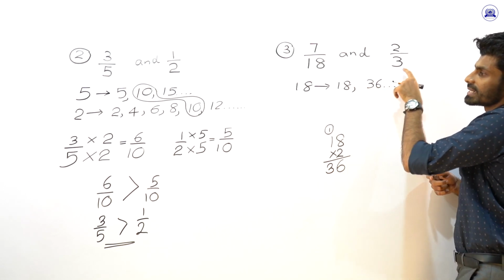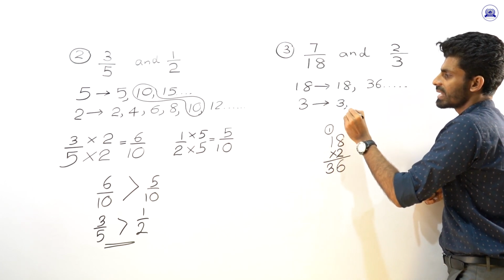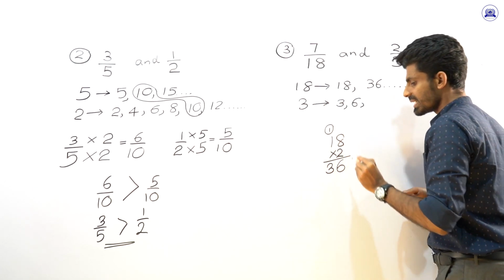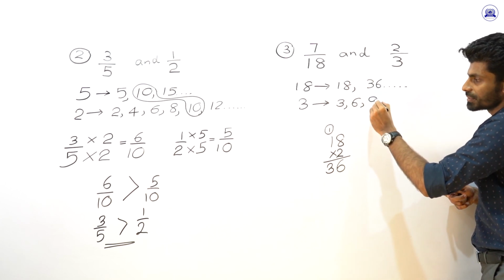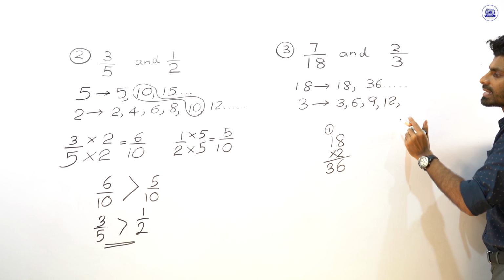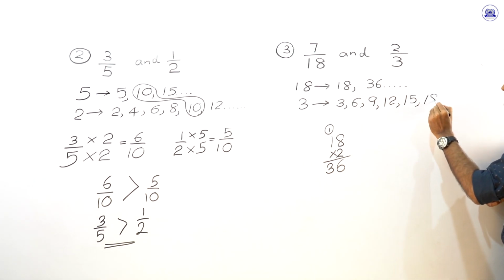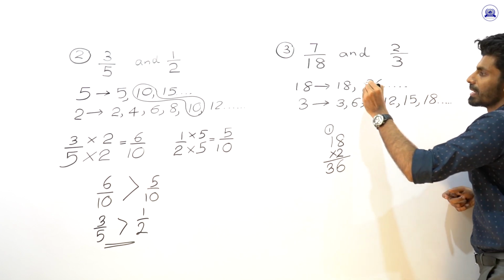So let's take 3. 3 into 2, 6. 3 into 3, 9. 3 into 4, 12. 3 into 5, 15. 3 into 6, 18, and so on.